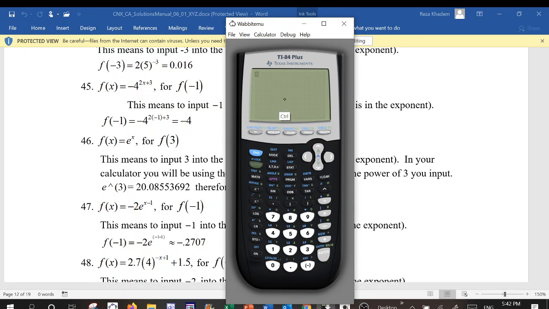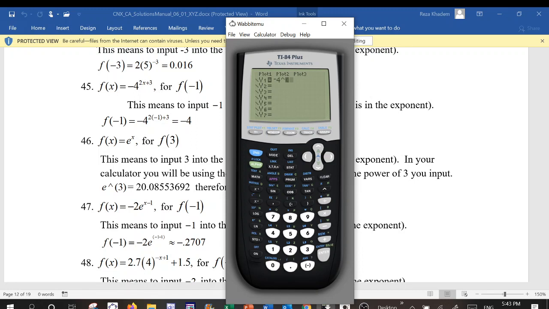You could just do it on the calculator this way. You could just substitute -1 for x this way. You go to y equals. You put the function -4 to the power of, right?